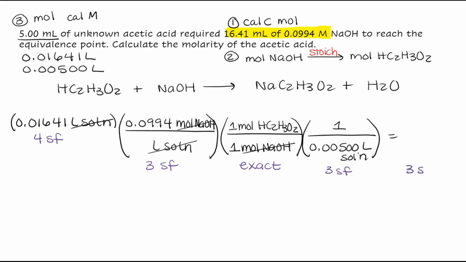So we'll be rounding this result to 3 sig figs. Doing the calculation, 0.01641 times 0.0994 divided by 0.00500, rounded to 3 sig figs, gives us 0.326 molar acetic acid.